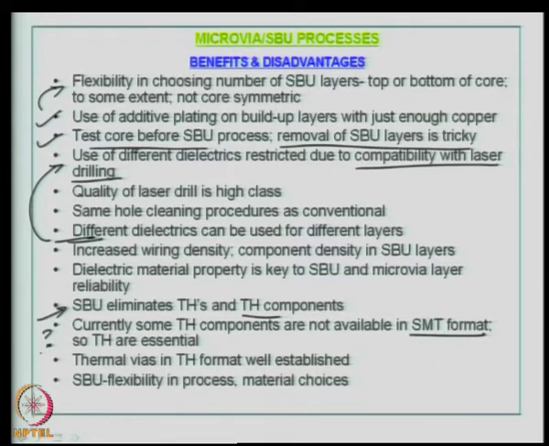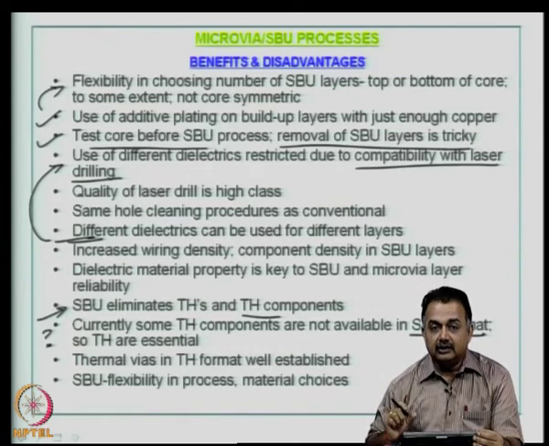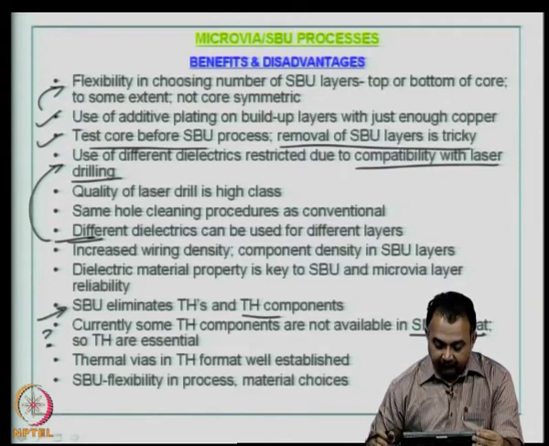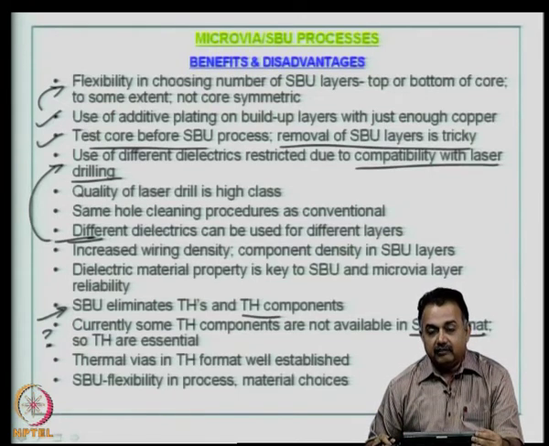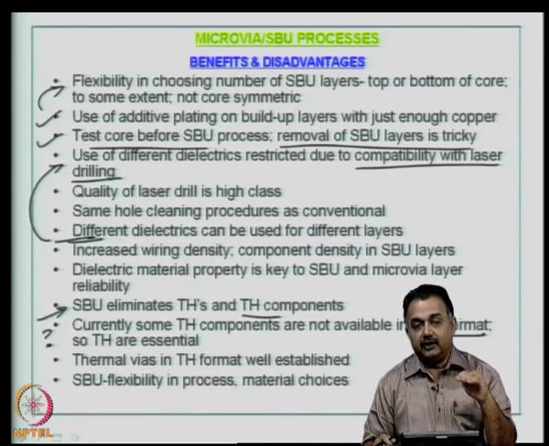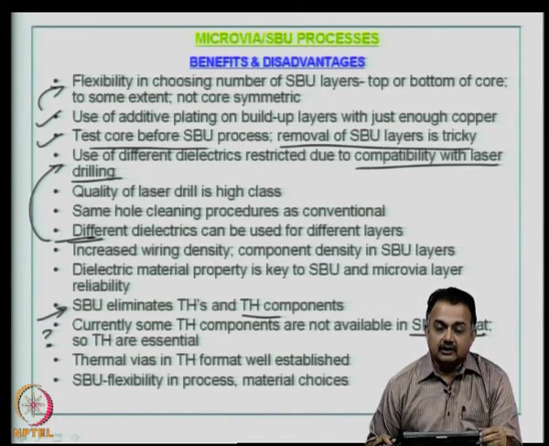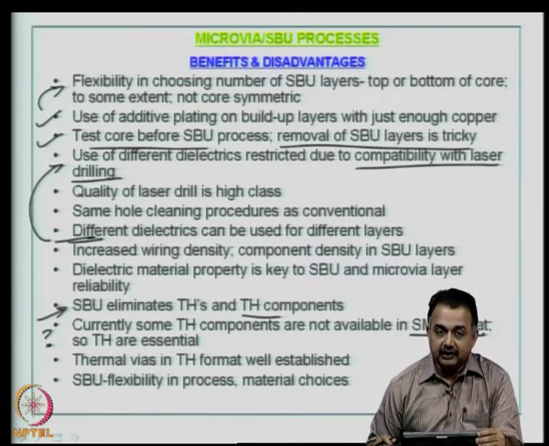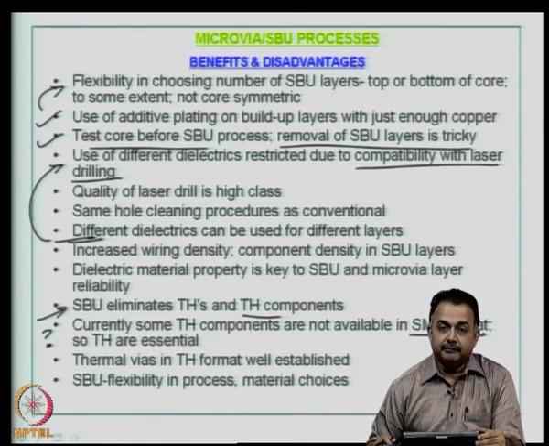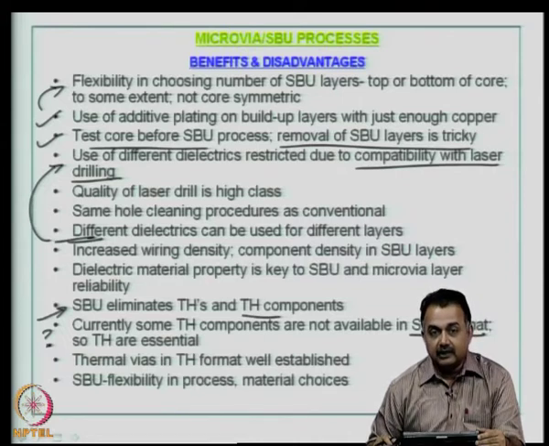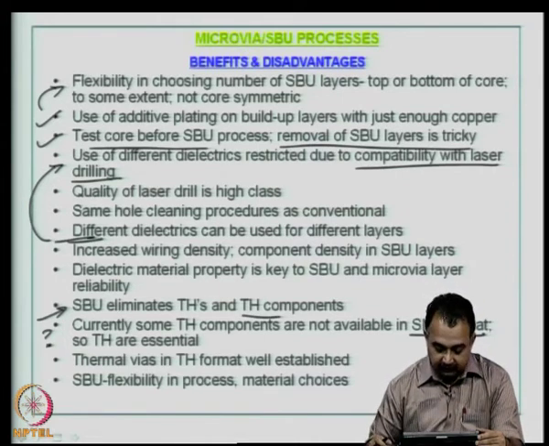Thermal vias in through hole format have been well established, right, because the through hole diameters are very large, the heat dissipation can be much better in a through hole. But in the case of a micro via, where the lands of the micro via are used for the footprint of a BGA, it is being used as a thermal via, but there are some limitations as to how much heat these micro vias as well as the inner layers can take.